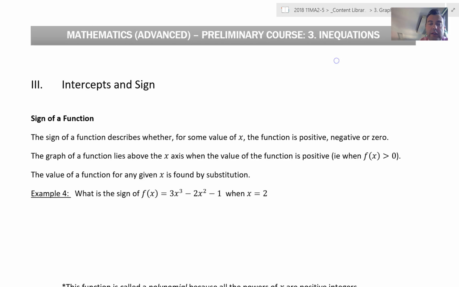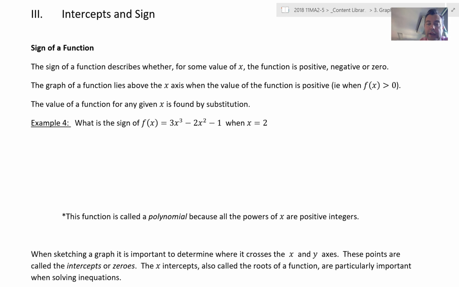Yep. So, to find this, we're going to substitute in. What is the sign of this function? Well, I want to know when x equals 2, so instead of x, I write 2. The function of 2 equals 3 by 2 cubed minus 2 by 2 squared minus 1 equals 3 by 8 minus 8 minus 1 equals 15, I reckon.